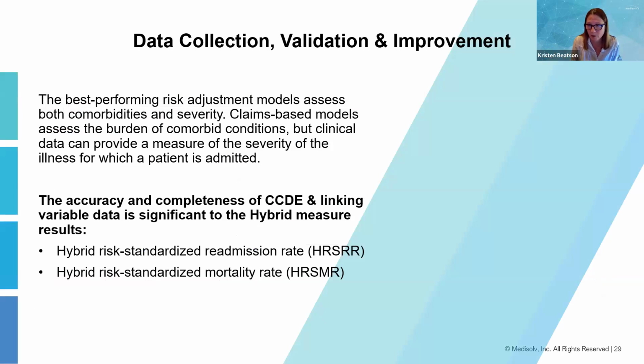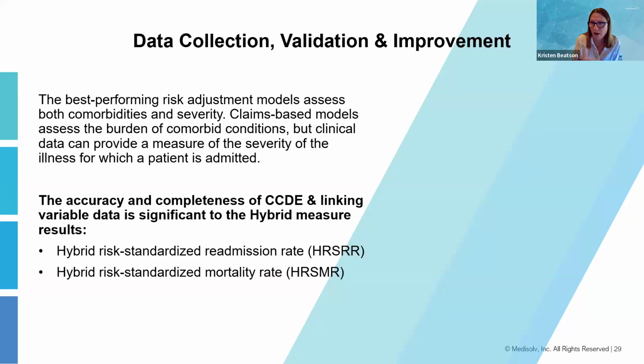Claims-based models assess the burden of the comorbid condition, but the clinical data really provides that better measurement of the severity of illness for which the patient is admitted to your hospital. So making sure that your CCDE data is complete, is accurate, includes all of the data that was documented for that patient within the timing requirements is really important to increasing the accuracy of the results that you're going to get back.